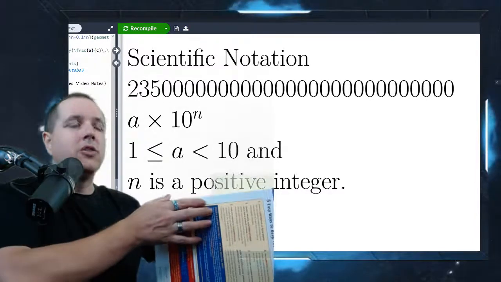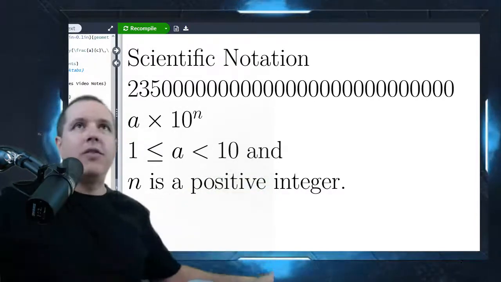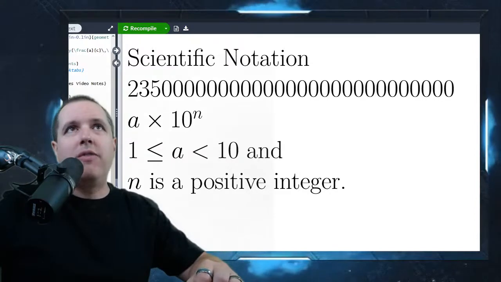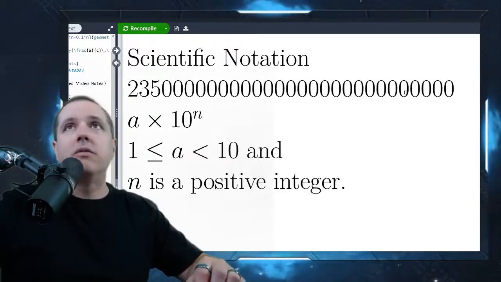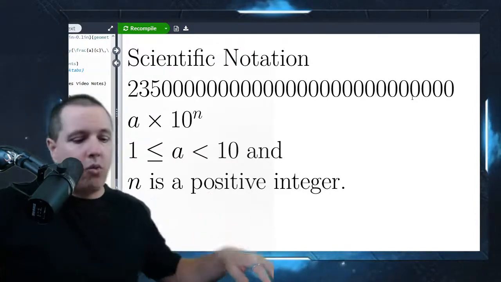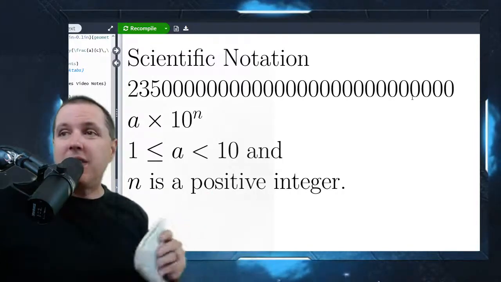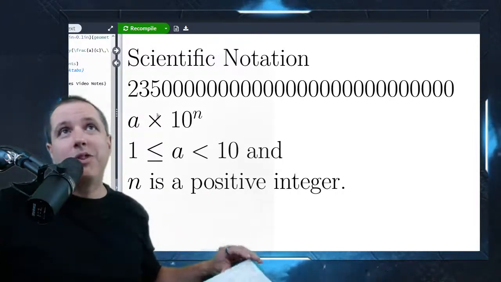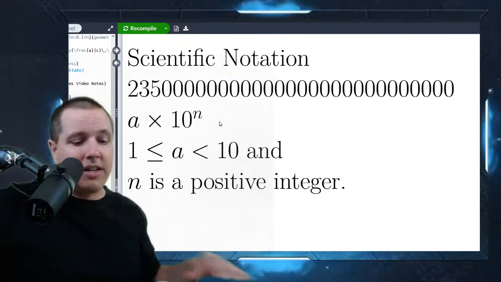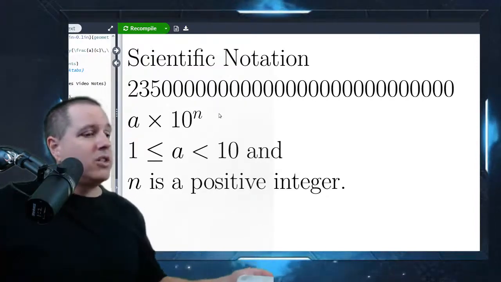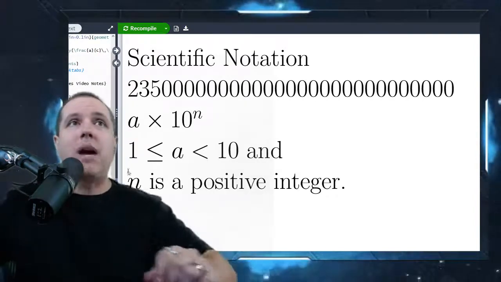So what about the rest of it? If you think about it, how does 2.35 become this number up here? Think about what we did a minute ago where we multiplied by a bunch of powers of 10. That's where this part of scientific notation comes in. We're going to multiply by a bunch of powers of 10.